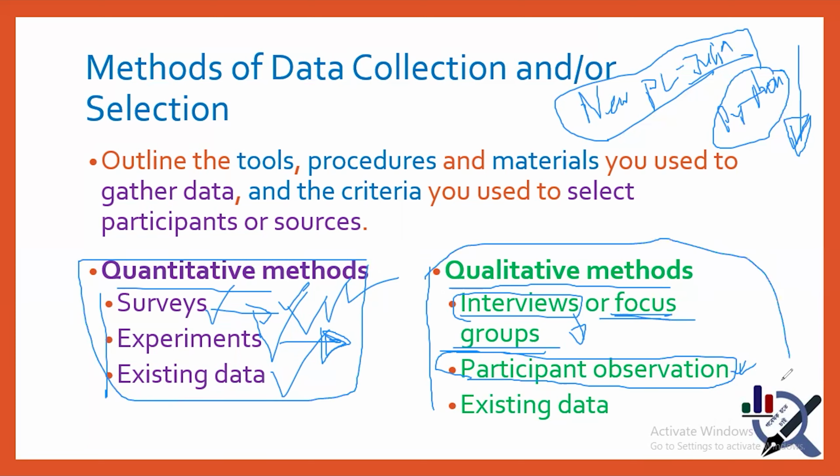Am I right? So in case of qualitative and quantitative, you have the option to select existing data. But be careful. If you select existing data, be careful that it is totally aligned with your research question or objective. Maybe this existing data is not complete to perform your research, because this data was already collected by other researchers and they had specific objectives and questions.